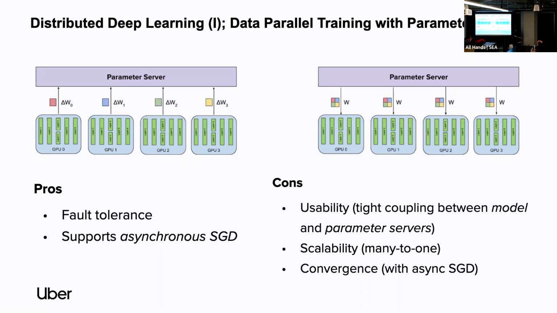And then you have the convergence problem if you use asynchronous SGD. Asynchronous SGD is basically the case where each one of the workers independently gets a shard of some data and the latest weights from the parameter server, calculates the deltas, and sends them back to the parameter server.